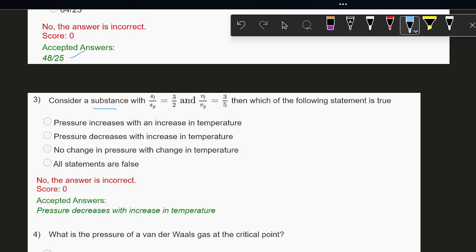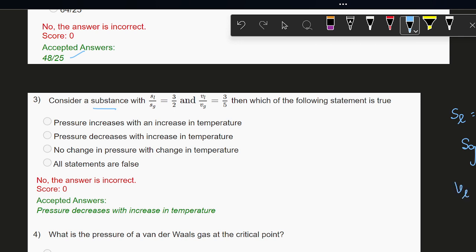So SL is your entropy for the liquid phase of the system, and your SG is the entropy for the gaseous phase of the same system.